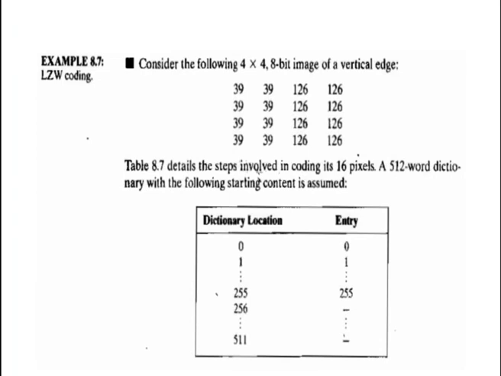The table details the steps involved in the coding. It's a 16-pixel image. A 512-word dictionary with the following starting content is assumed. Locations 256 through 511 are initially unused. The image is encoded by processing its pixels in a left to right, top to bottom manner.